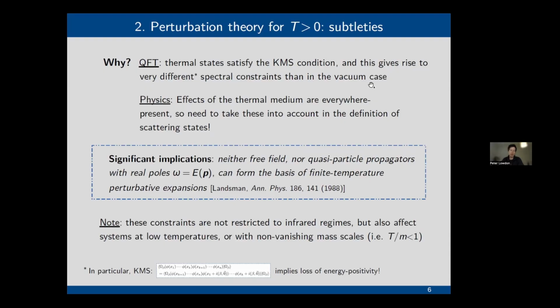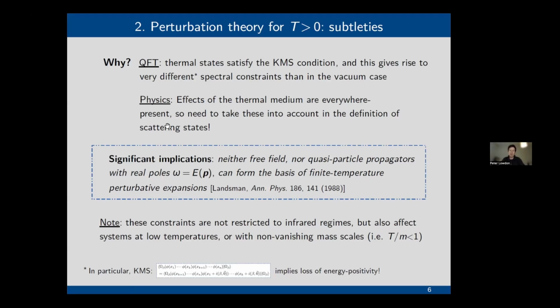And one thing that's actually very interesting is that by virtue of this condition, this implies that you lose energy positivity. So you can have negative norm or negative energy states in your system. And the physics of that is just basically when you have a thermal medium that has energy, you can extract energy from that medium, and that's like creating a hole state of negative energy. That's the idea.